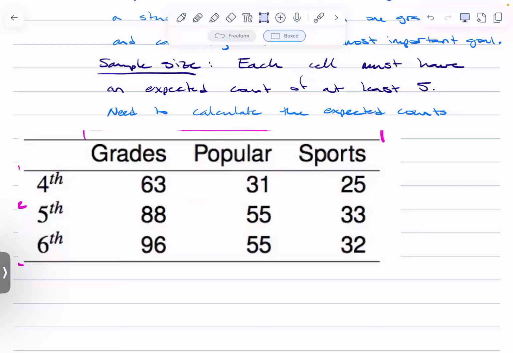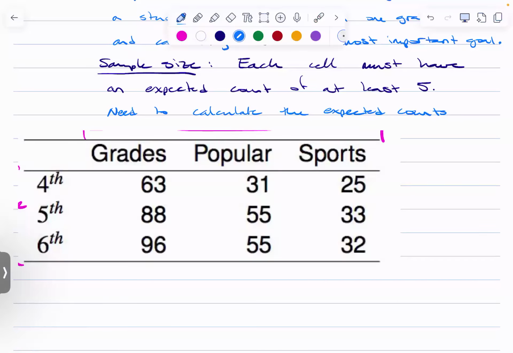Usually what we do, especially if we're doing it by hand, I have posted an Excel document on Moodle, so I'll show you how to do it in Excel because it's a lot quicker, right? But if you're doing it by hand, usually we write the expected counts beside the observed counts because it makes the calculation of each cell easier: the observed minus the expected, squared, and then divided by the expected.